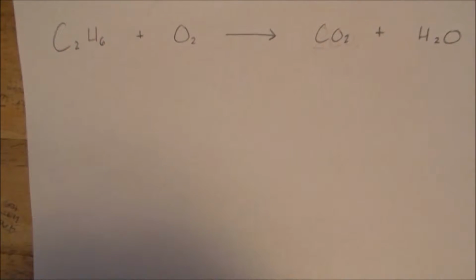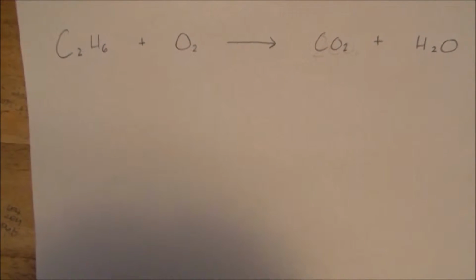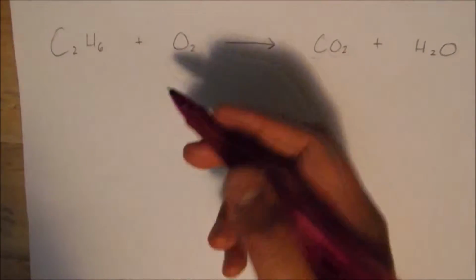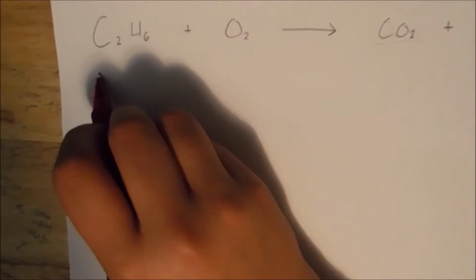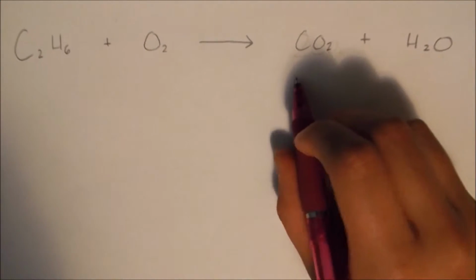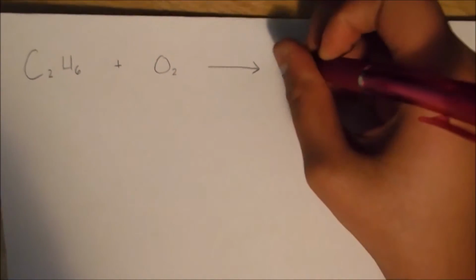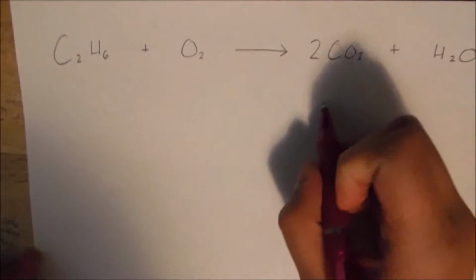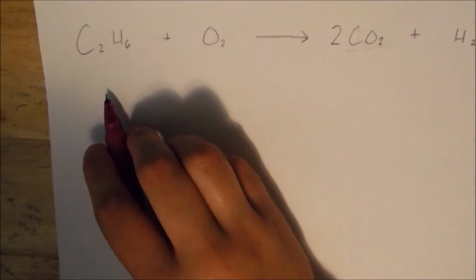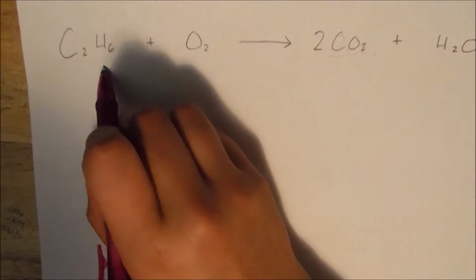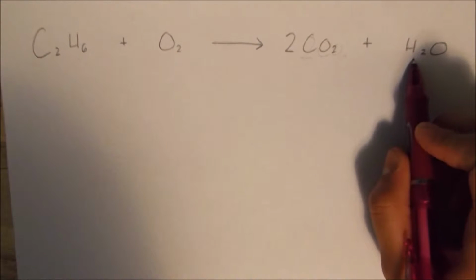Yeah, sure. Okay, so here we have a combustion reaction that is unbalanced. First, we would balance out the carbons. There are 2 carbons on the left side and only 1 carbon on the right. So you would put a 2 here, and now the carbons are balanced. Now let's balance out the hydrogen. There's 6 hydrogens on the left and only 1 hydrogen on the right.